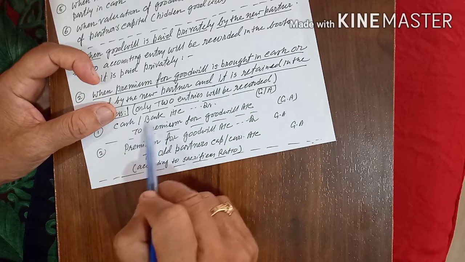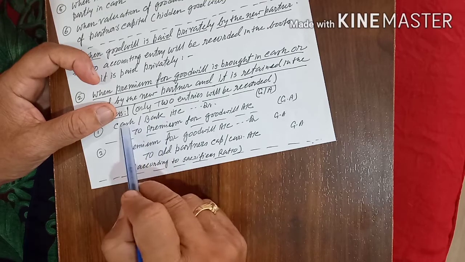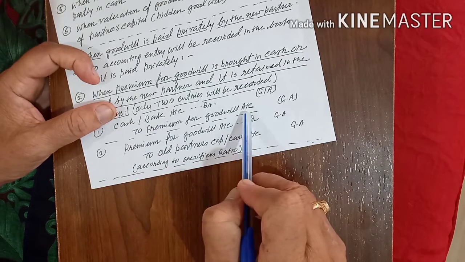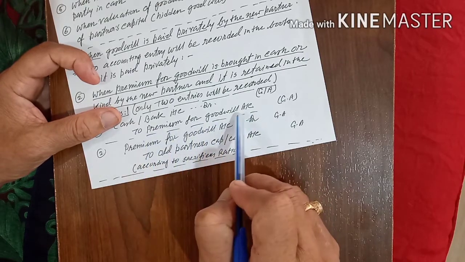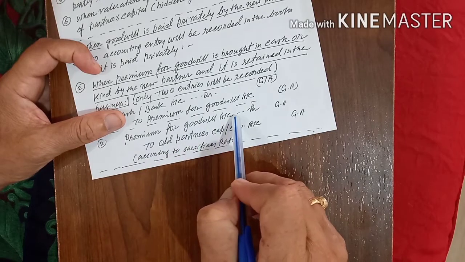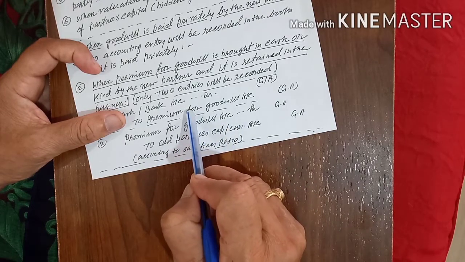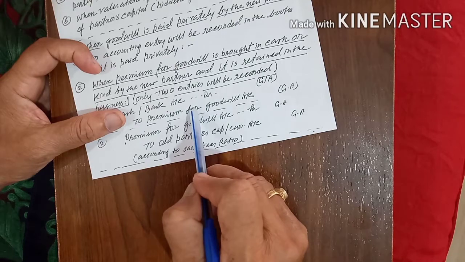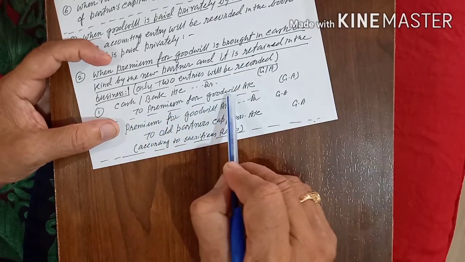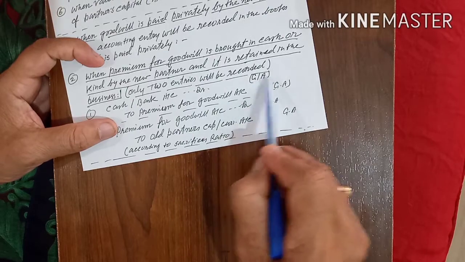Again and again I will not say cash or bank; cash or bank you can understand. Premium for goodwill is credited, and in the next journal premium for goodwill account is debited. So the premium for goodwill debit and credit will be cancelled. So the first journal is cash account debit to premium for goodwill, for the goodwill amount.